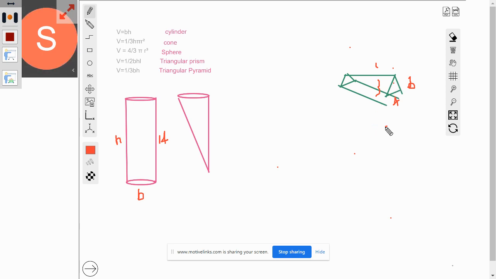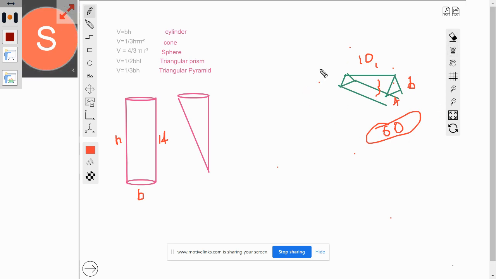So we have our base, which is 6. Now, let's find the volume of this. We multiply 6 by the length. Let's make up a number, 10. So 6 times 10 is 60. And there we are, 60.